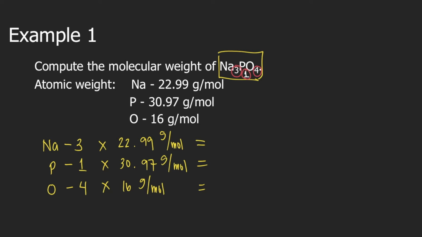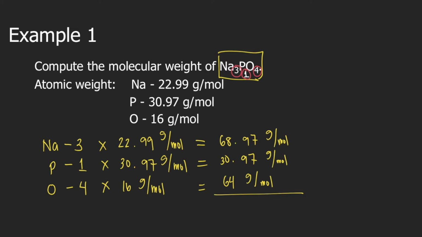For sodium, this is equal to 68.97 grams per mole. For phosphorus, this is 30.97 grams per mole. And for oxygen, this is 64 grams per mole. And then you get the total.